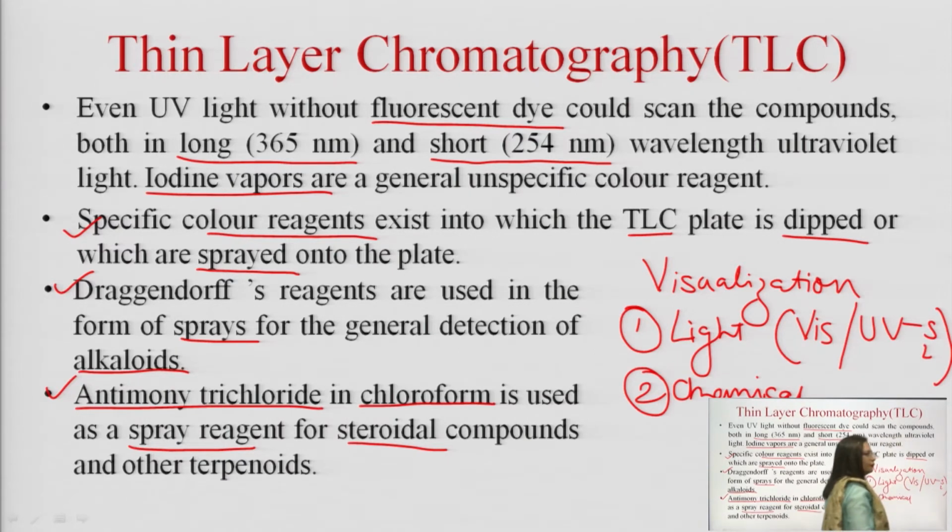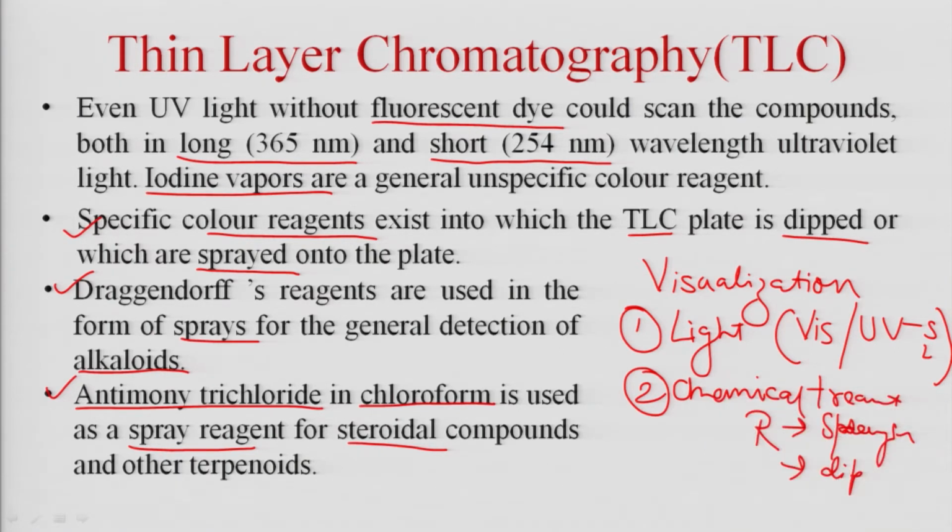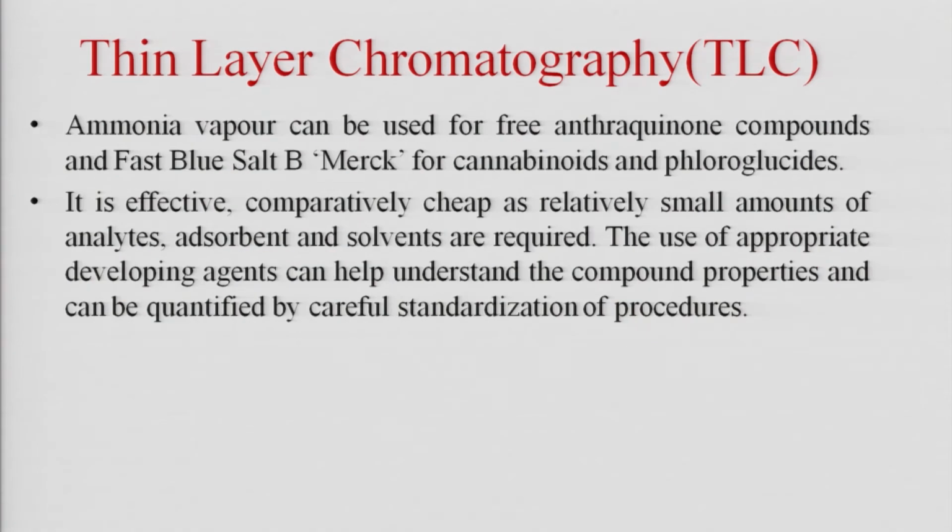Short wavelength is 254 nanometers while long wavelength is 366 nanometers, and the second method is the chemical treatment, where we are either utilizing the reagents by spraying onto the separated spot, or they are being dipped. The examples here are given as already discussed.